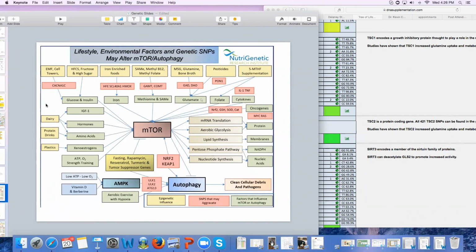Gosh, we have just so destroyed our environment and our food supply. I mean, if dairy was natural and raw, would it still have IGF-1 hormone? People have asked me that. Yes, it would, because dairy is a food product for baby animals.